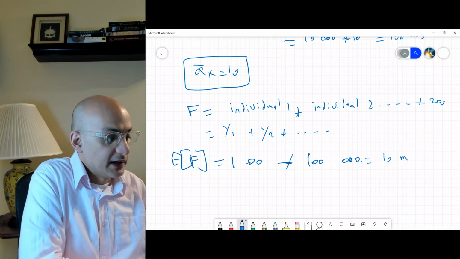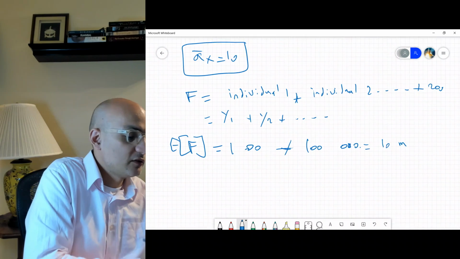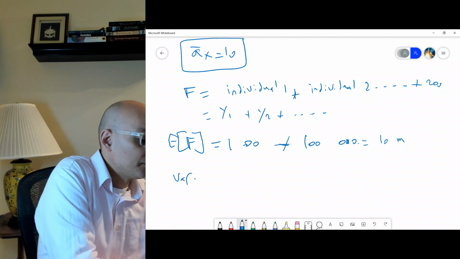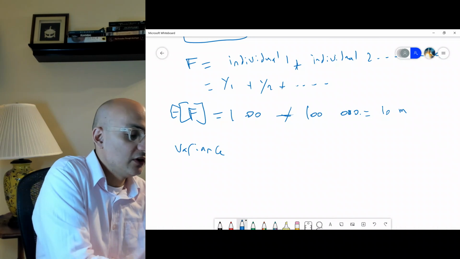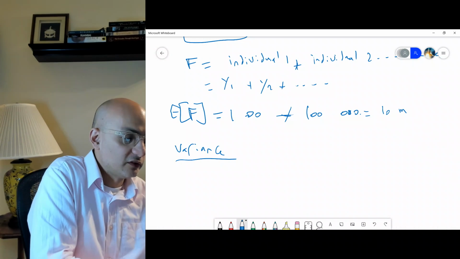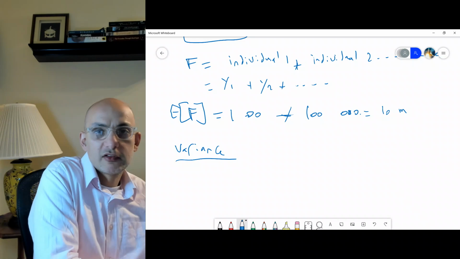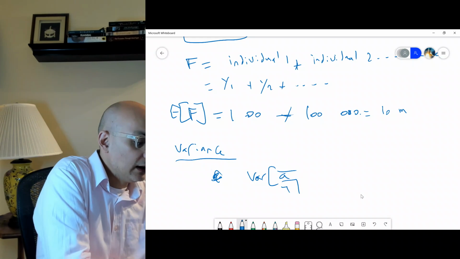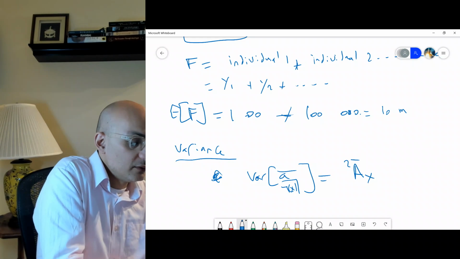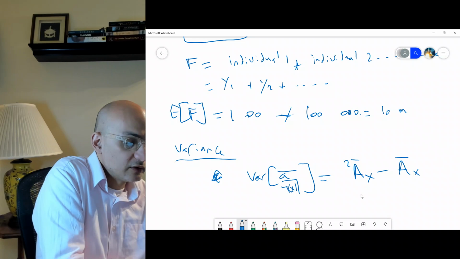Now we need the variance because we need 90%. We need the variance. We do the same logic we did for the expected value of the fund. We start with an individual. Let's start with one individual. First we need the variance of ATX, and this can be TAX from the definition minus AX squared divided by delta squared.